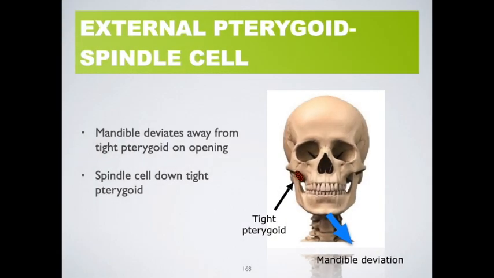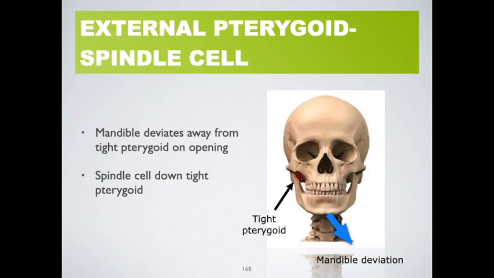External pterygoid, the way to TL, as you can see in the little red splotch up there, that was called the pterygoid pocket. That's where the patient would TL while biting down to test for the external pterygoid.